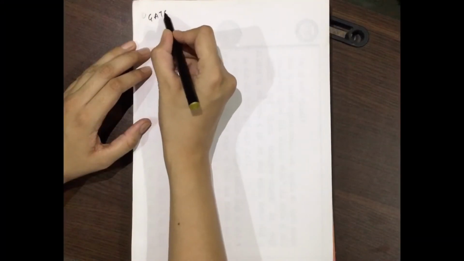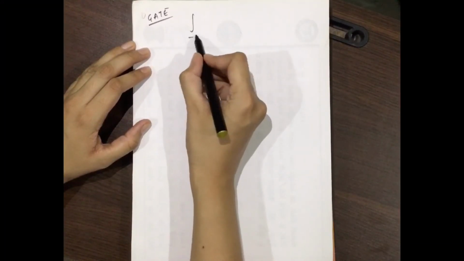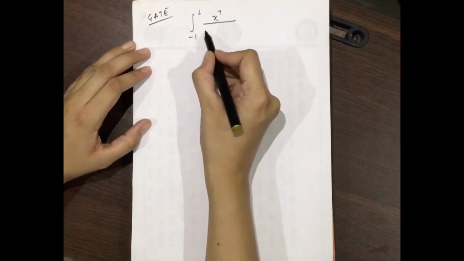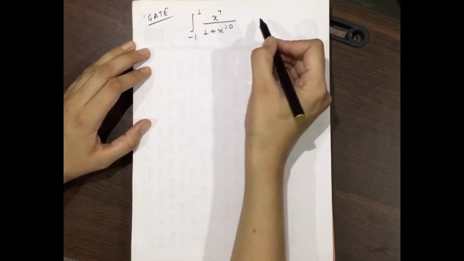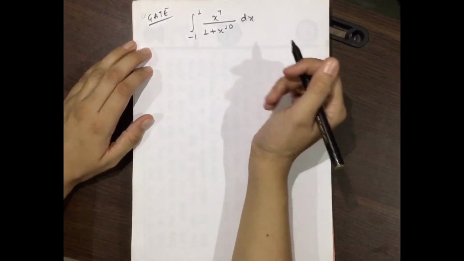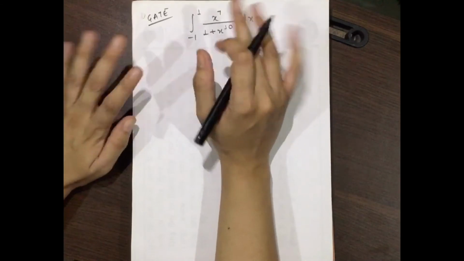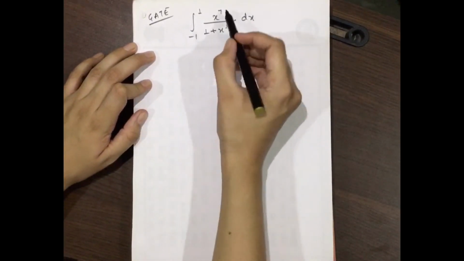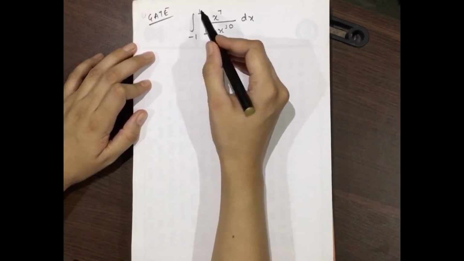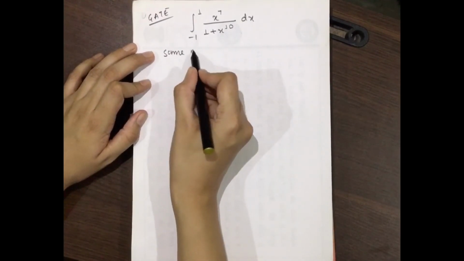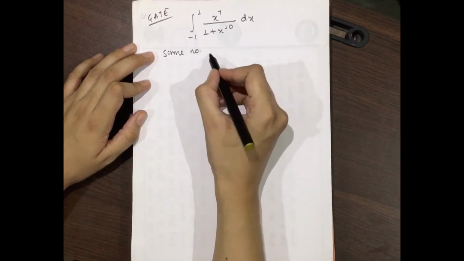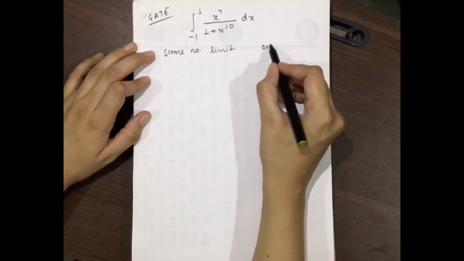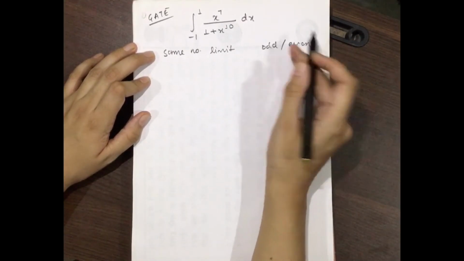Now let's see a GATE previous year question. Limit minus 1 to 1 x to the power 7 upon 1 plus x to the power 10 dx. See, it looks horrible, right? But if we see, the limits are minus 1 to 1, that is the same number limit, so we can easily apply the odd and even function rule.